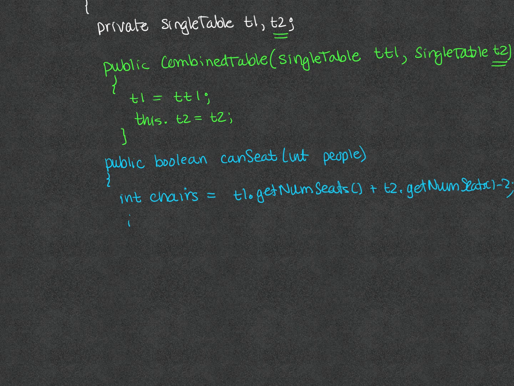So if our chairs are bigger than or equal to the amount of people, then we return true. Else we return false.